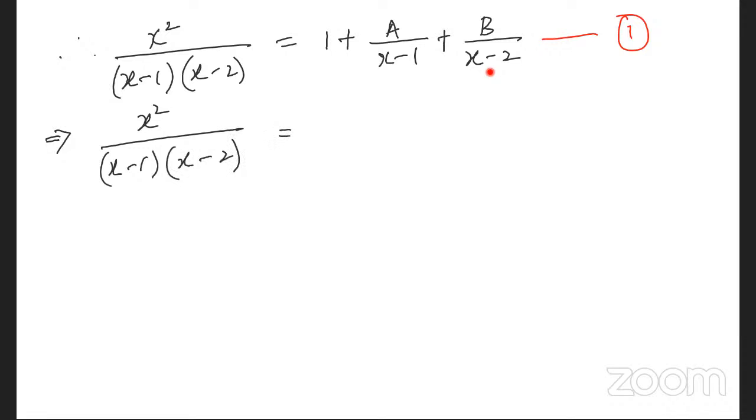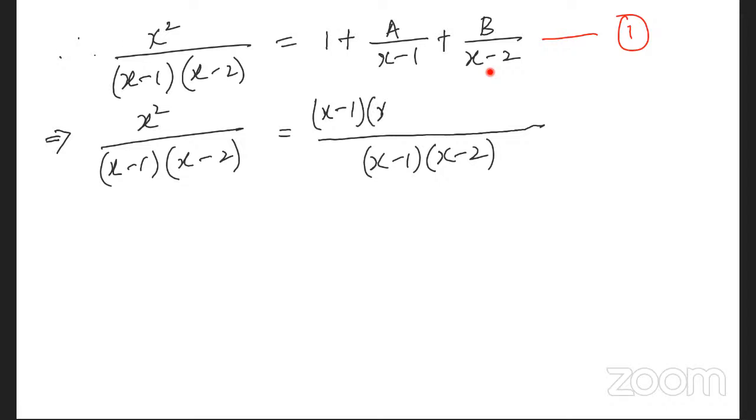Simplify further. What's the LCM? X minus 1 into x minus 2. And this can be written as x minus 1 into x minus 2 plus a into x minus 2 plus b into x minus 1.